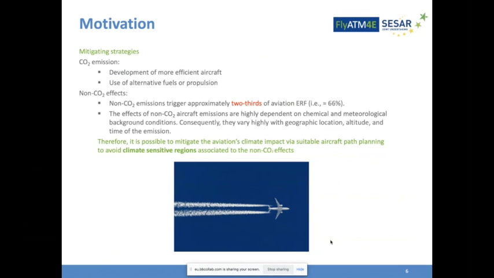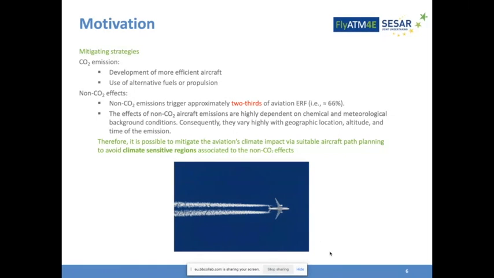The non-CO2 effects, which trigger approximately 2/3 of aviation RF, highly depend on geographical location, altitude, and time of the emission. So, planning the trajectory such that those climate-sensitive regions, those regions that strongly enhance the non-CO2 effects, are avoided would be beneficial and can reduce the climate impact of aviation.